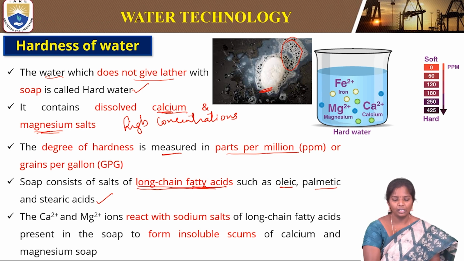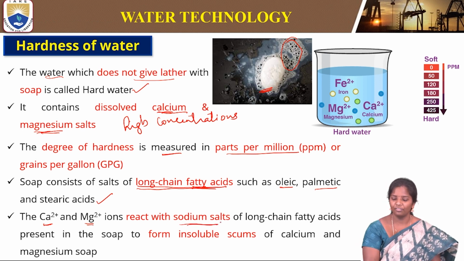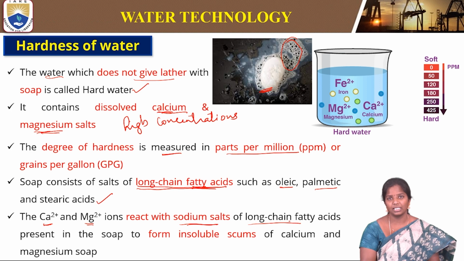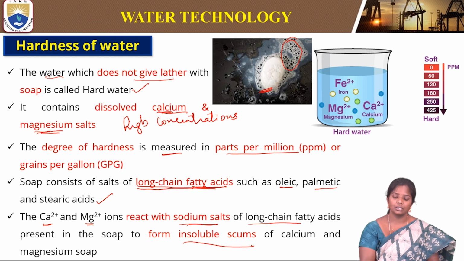So what happens? These calcium and magnesium ions in +2 state react with the sodium salts of these long chain fatty acids present in the soap and form insoluble scums. So this is nothing but insoluble scums of calcium and magnesium. That is why they will not form lather.